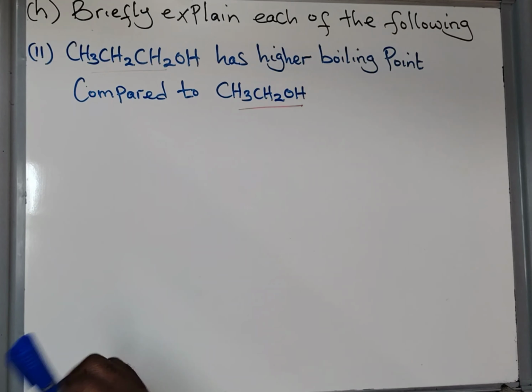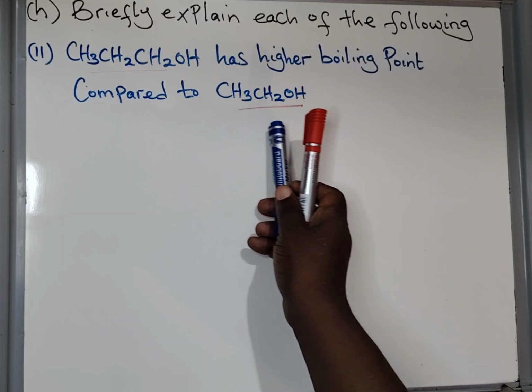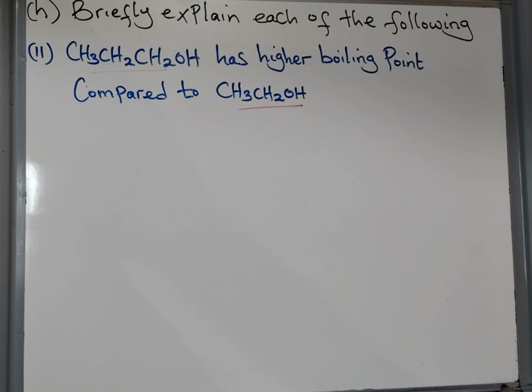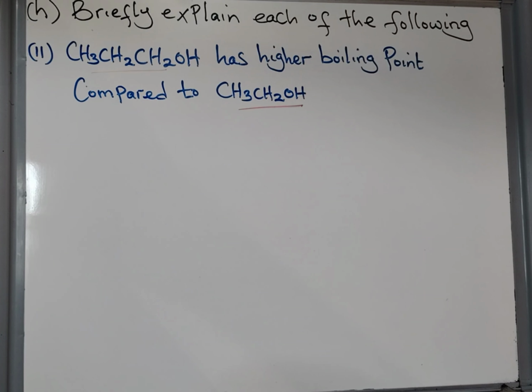And because of that, it has a bigger number of London forces compared to ethanol. I want you to take note that I'm talking about London forces, not hydrogen bonds. Why? Because both of them have hydrogen bonds.